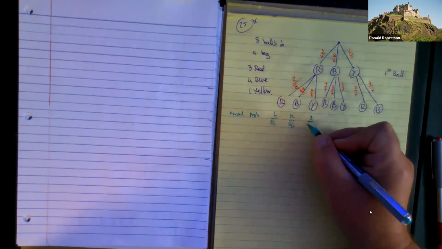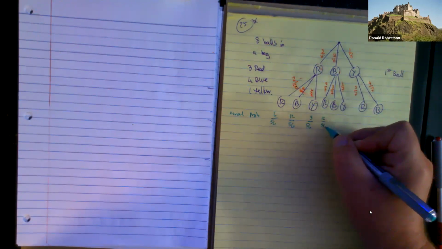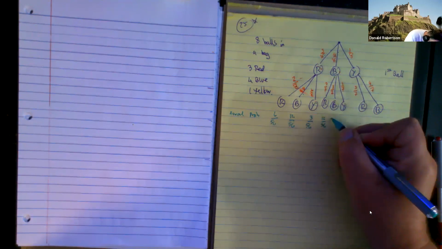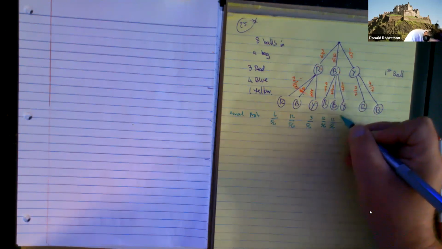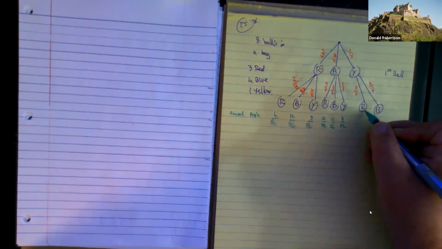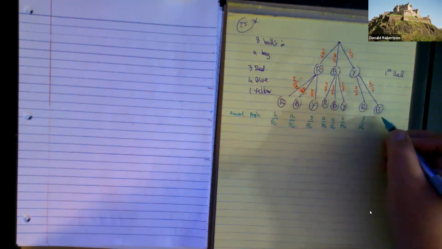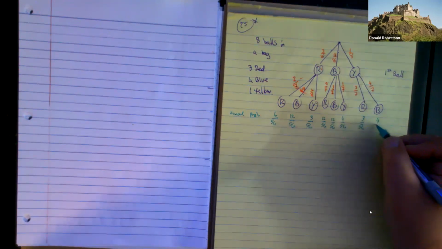If you multiply these guys together, you get 3 out of 56. Then you get 4 and that's 12 out of 56. That middle one is also 12 out of 56. And that end one is 4 out of 56. This one is going to be 3 out of 56. And this one at the end is going to be 4 out of 56.